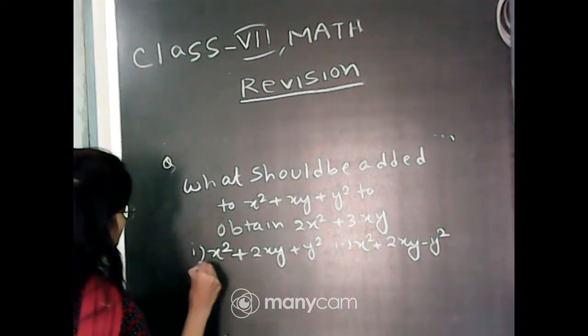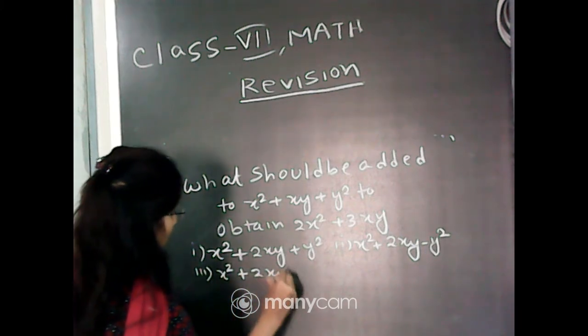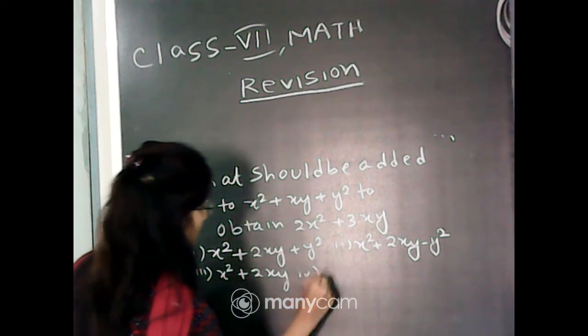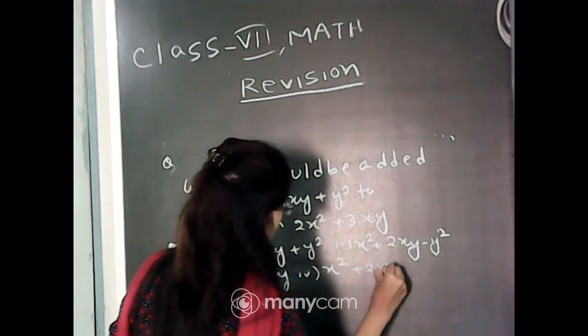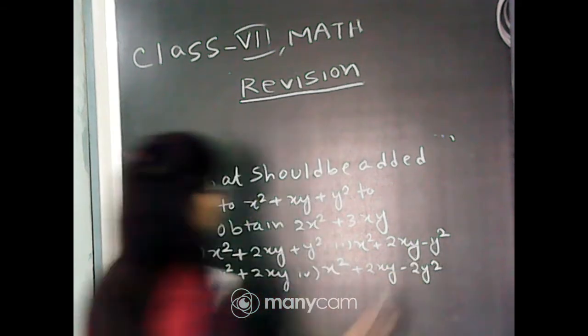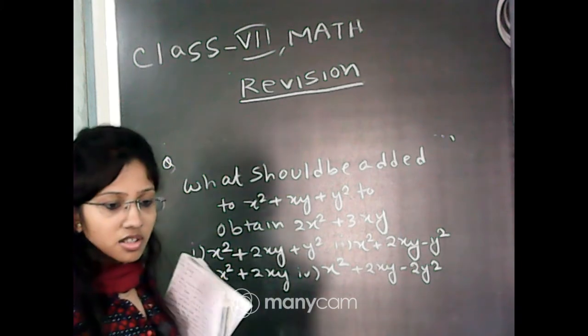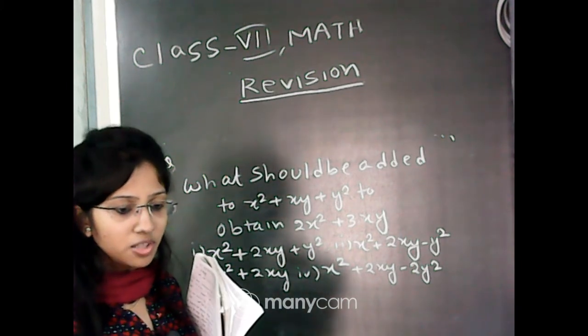And third option is x square plus 2xy, and option 4 is x square plus 2xy minus 2y square. What will be the correct answer? Can anybody answer this?